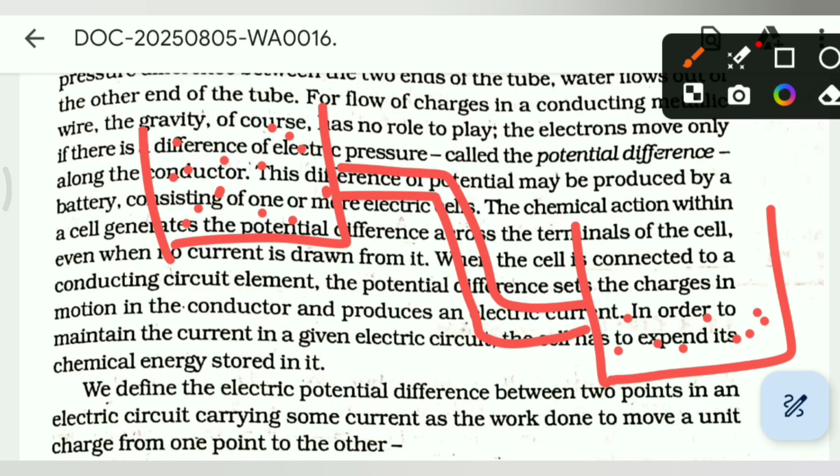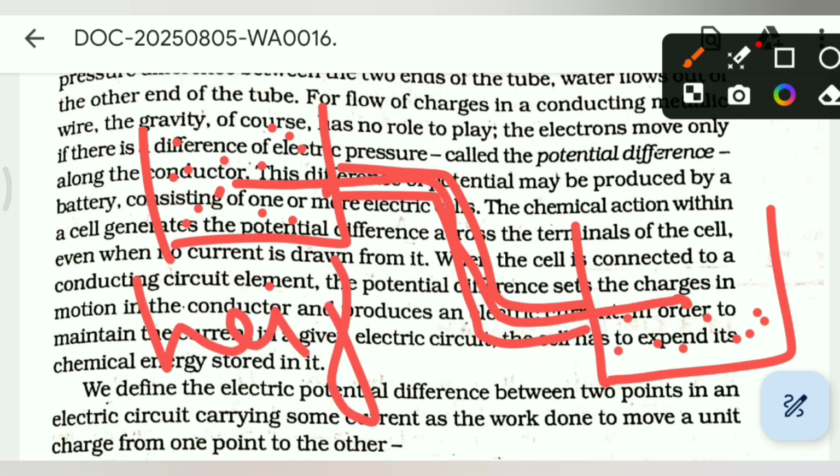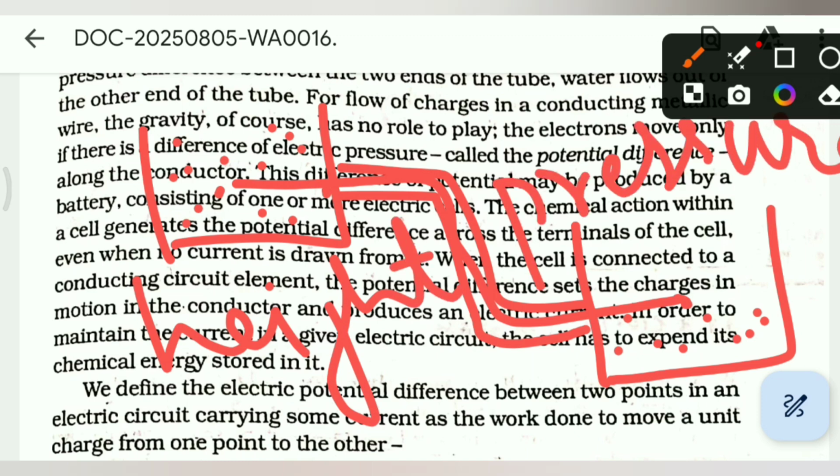Easily you can tell the water is passing from the higher beaker to the lower beaker. So what is the difference here? One is a height difference and the other is a pressure difference. Keep it in your mind.